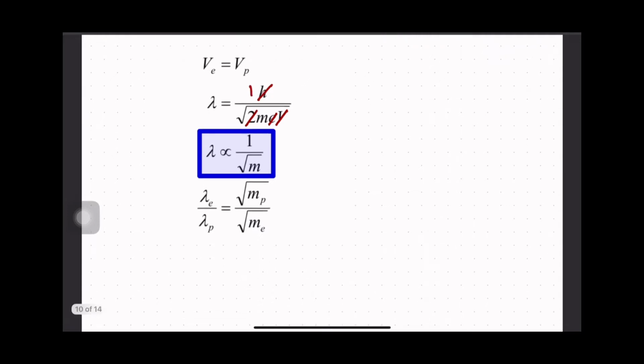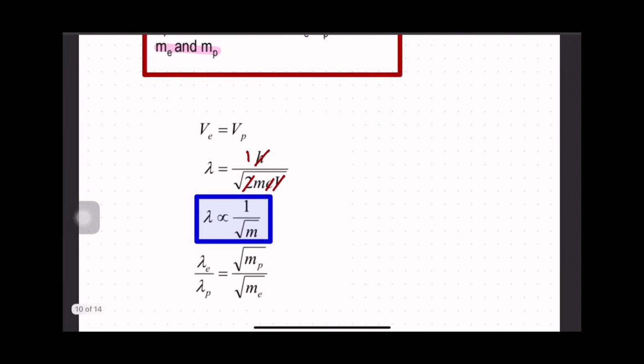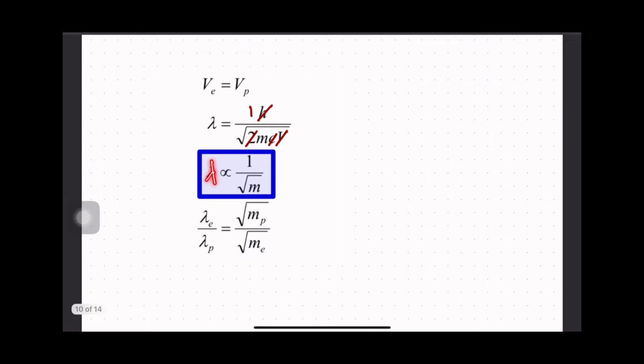So what is the relationship between wavelength and mass? Because they said about proton and electron kan. Okay, jadi kat sini kita tahu relation wavelength adalah inversely proportional with square root of m lah. Okay, lambda is directly proportional to 1 over square root of m, tapi dia inversely proportional dengan square root of m. Yang tu kena faham lah.